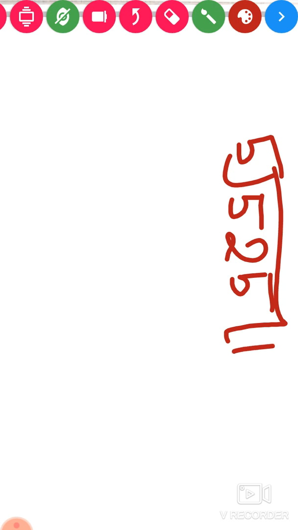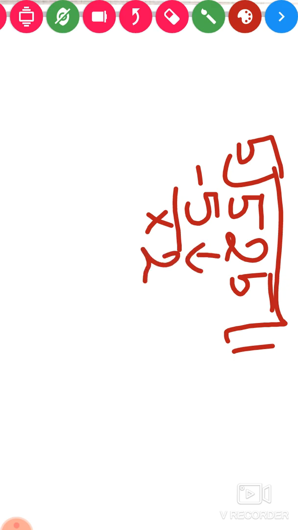So 5 ones are 5. We'll put a cross here. Now we will carry down this 2. Again this 2 is smaller than 5. What will we do? We'll take help from 5. And we just learned that whenever we carry down two numbers together, we increase a 0.